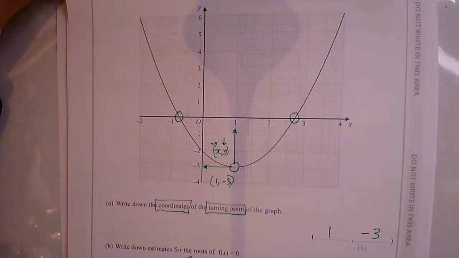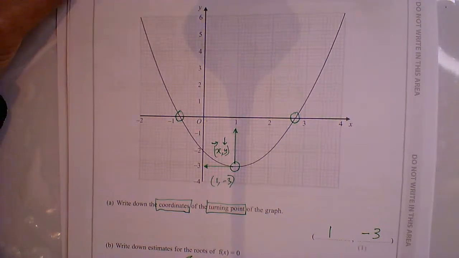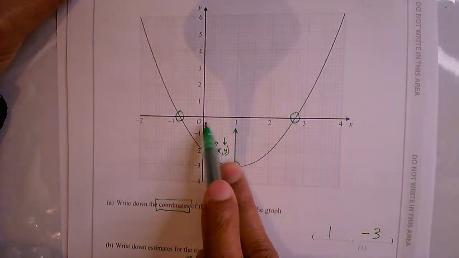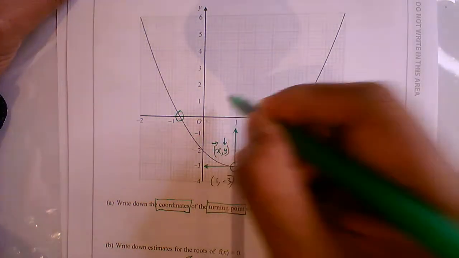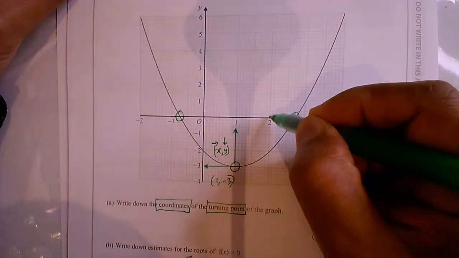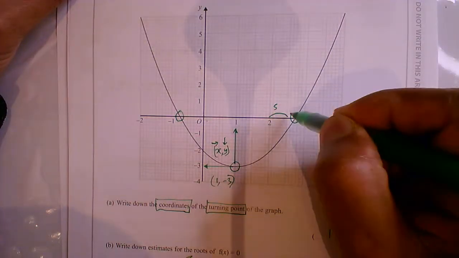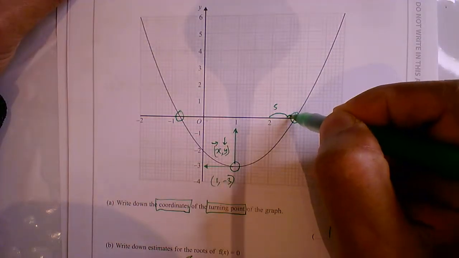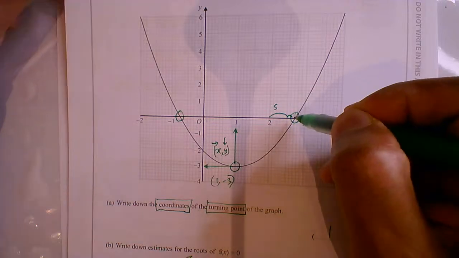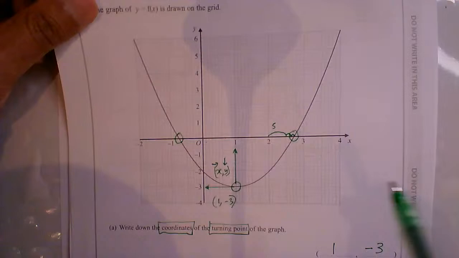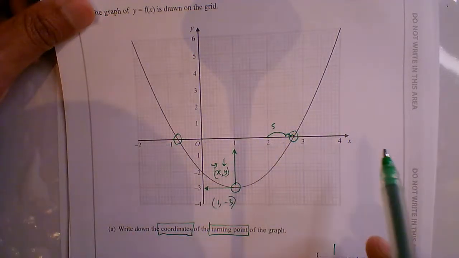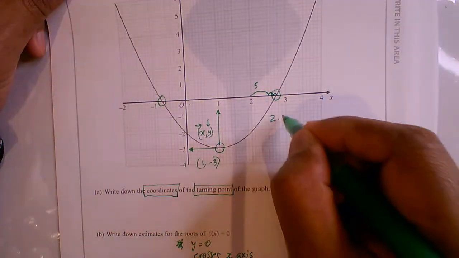Now I have to be very careful with these squares. I've got 10 squares to make 1, so each little square is 0.1. Here I've got 5, then 6, and then 7, so this is 2.7.